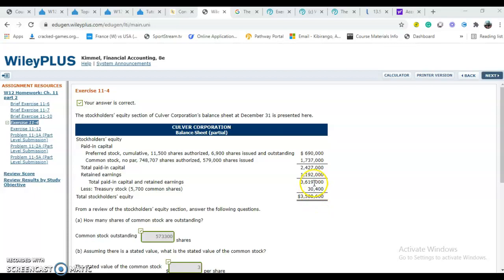Basically, it's the difference between the total paid in capital and retained earnings less the treasury stock.